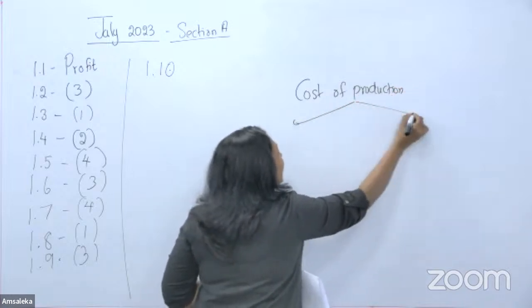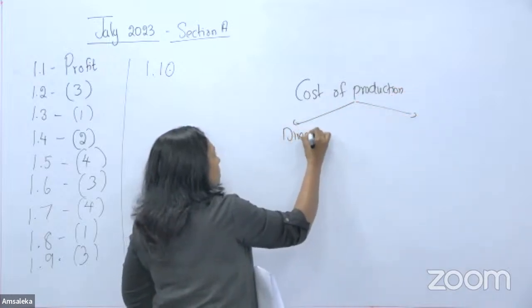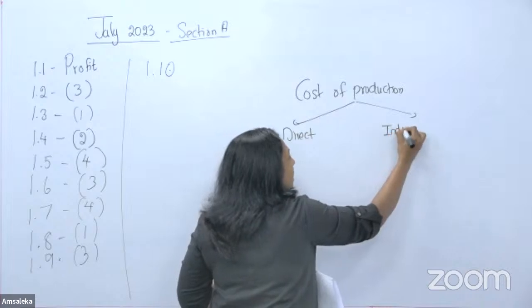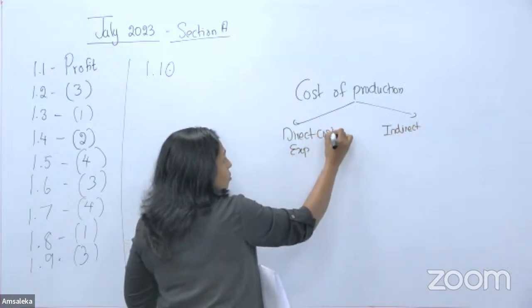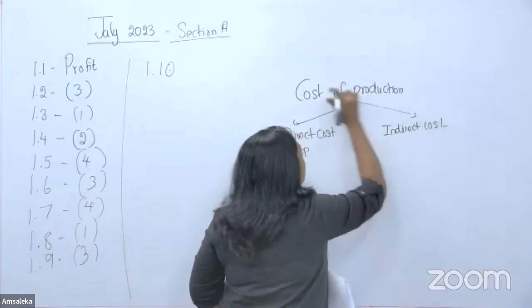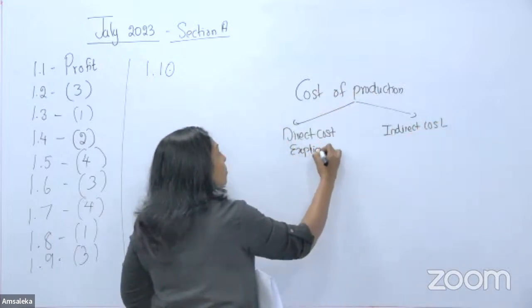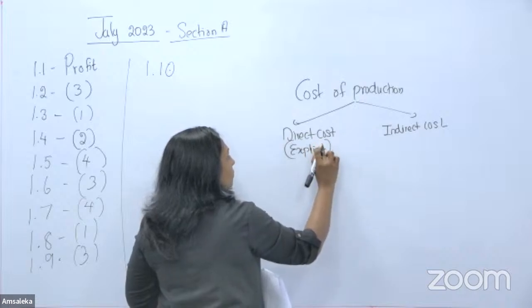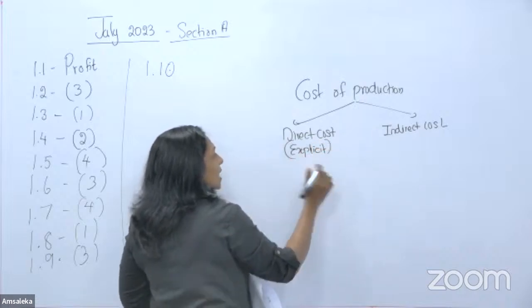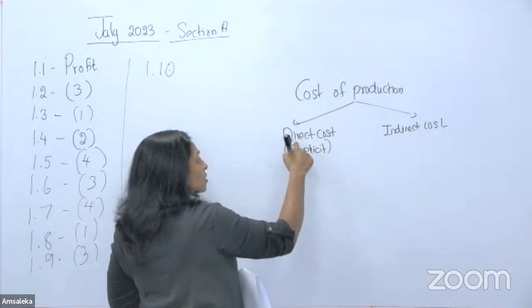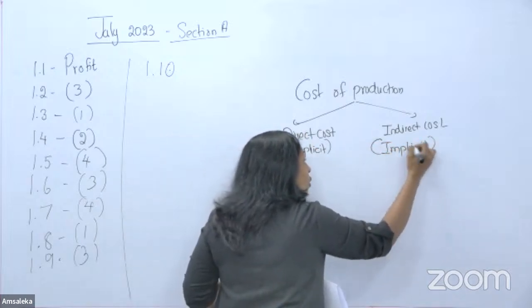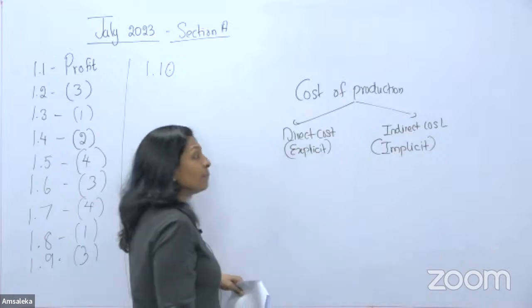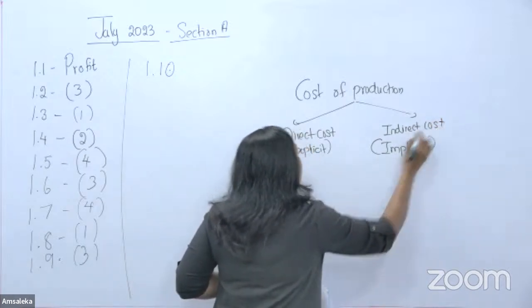One is direct, another one is indirect. Because it's about cost, we can say explicit cost for direct and implicit cost for indirect.